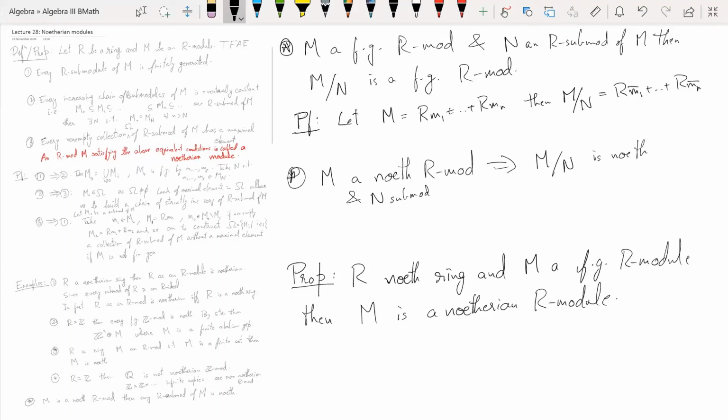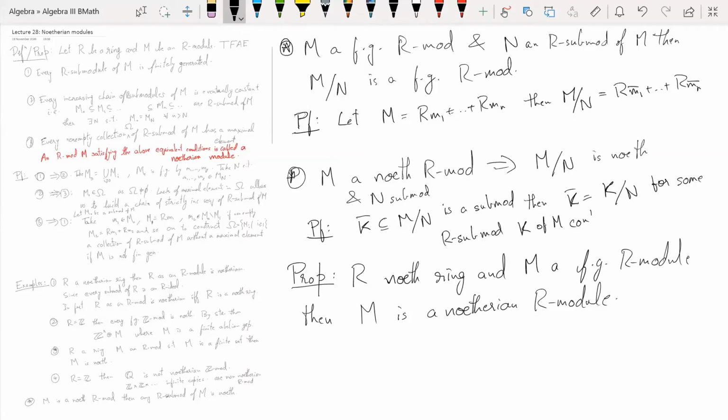Take a submodule K bar contained in M mod N. Then K bar equals K mod N for some submodule K of M containing N, which I mentioned a couple of lectures ago.